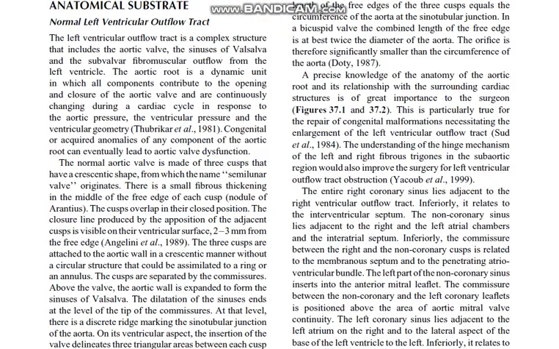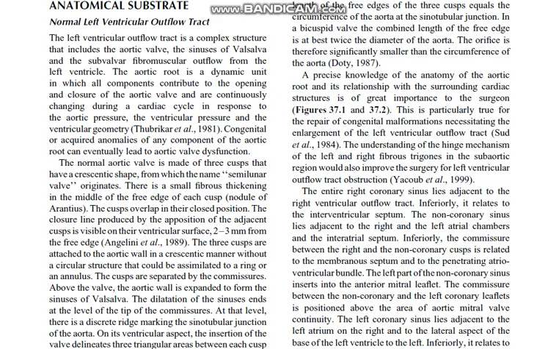The normal aortic valve is made of three cusps that have a crescent shape, from which the name semilunar valve originates. There is a small fibrous thickening in the middle of the free edge of each cusp, the nodule of Arantius. The cusps overlap in their closed position.